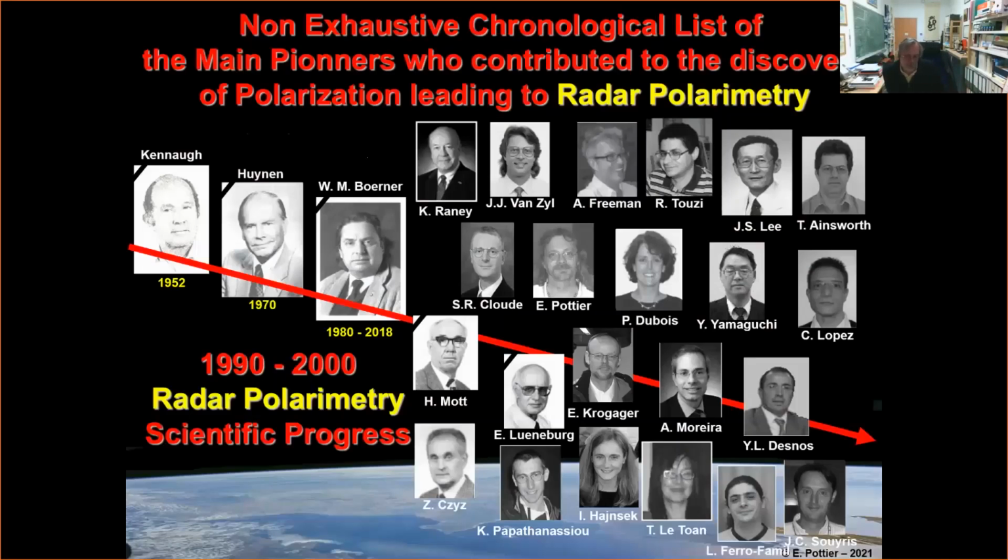And we start again in the 1990s, in the 2000s, because it was difficult due to a very simple device, only a component in the radar system. It is a switch device, so you will see later on what it means.